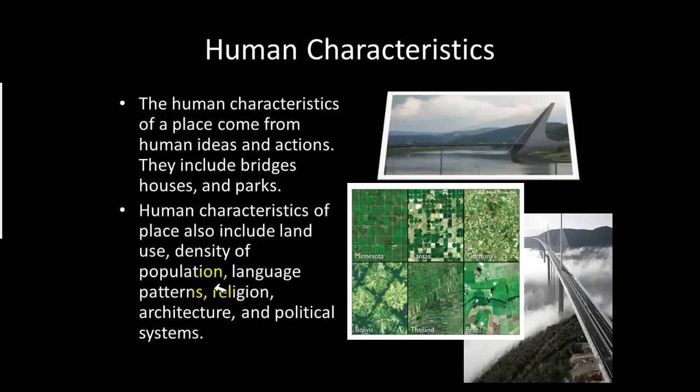That means per square mile, on average, we have 263 people. If you contrast that with the island of Manhattan, there are over 1 million people per square mile. So the amount of people that you have living within a square mile is a human characteristic of an area.